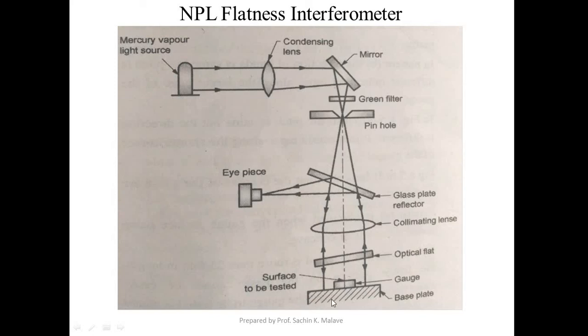Another fringe pattern we will get because of the air gap between the optical flat and the surface of the base plate. Both these fringe patterns can be viewed in the eyepiece. For that, a glass reflector is positioned. So we can see the fringe patterns through this eyepiece.